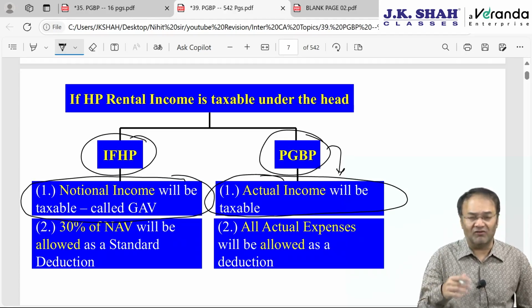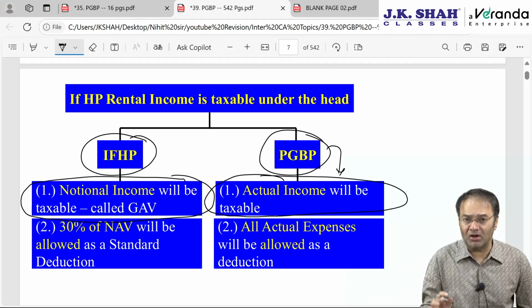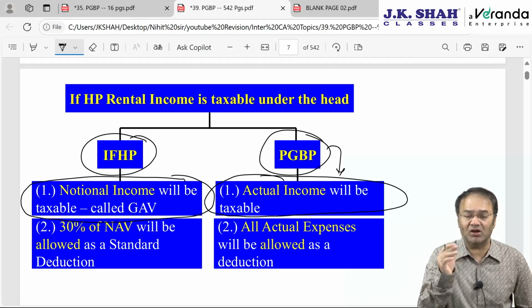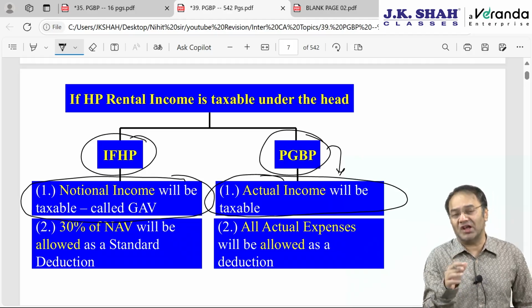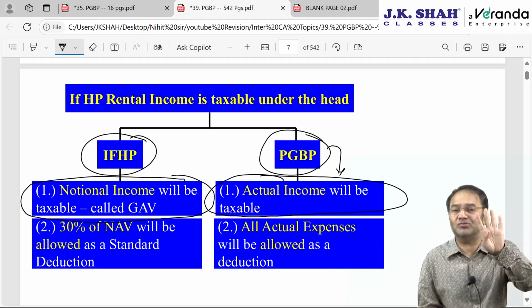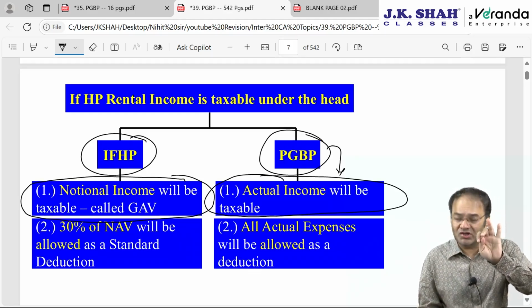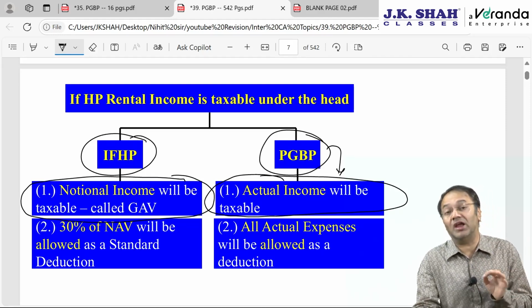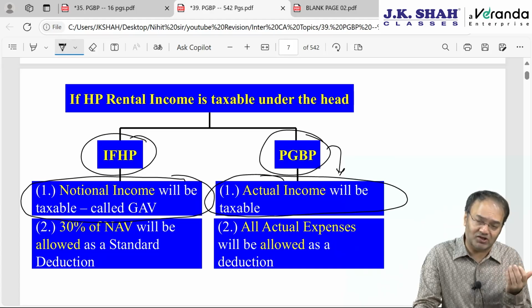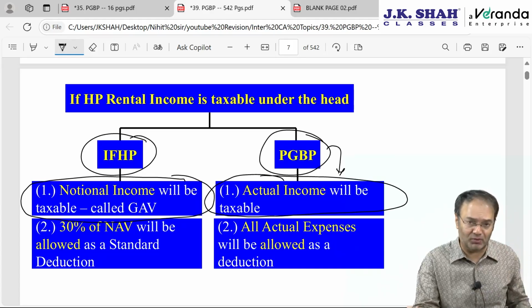We know pretty well that the method of accounting does not play a role. Whatever is actually received for 1 year or whatever is receivable is to be considered. But still, what is taxable is the higher of 4 items: fair rent, municipal valuation, standard rent and actual rent. Had it been PGBP, only actual rent is taxable. If it is taxable under IFHP, then this notional income is taxable.